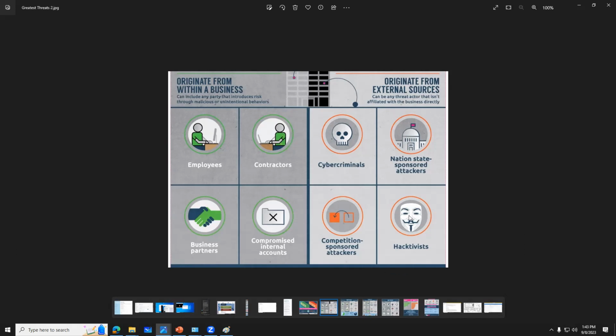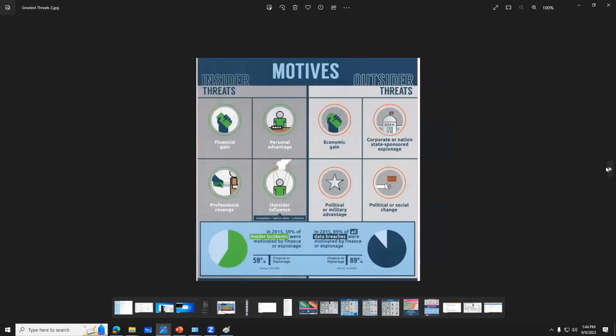We see movies where the hackers take over the world, so that is an external thing, but it's not very common. It's really more cyber criminals who are out to get money. It's really the driving factor, right? So industrial espionage and so on. So economic gain, corporate espionage, outsider threats. Insider threats. You can pass a thumb drive on to somebody and get paid.